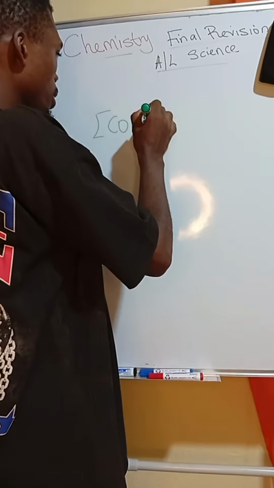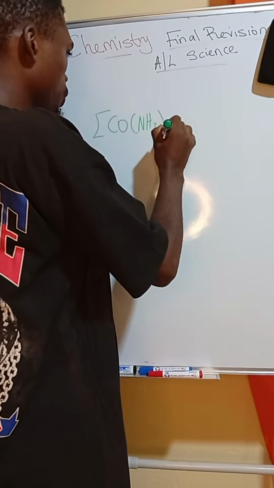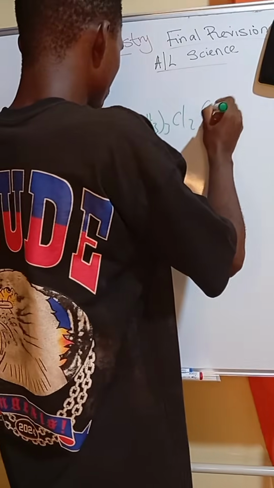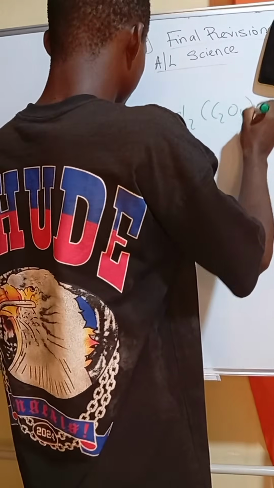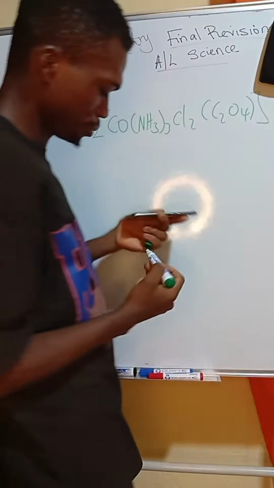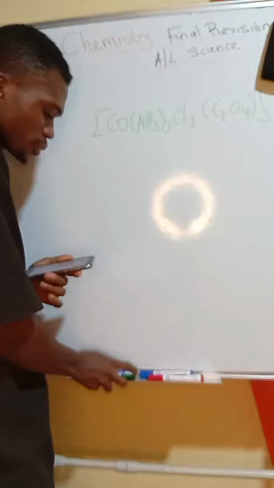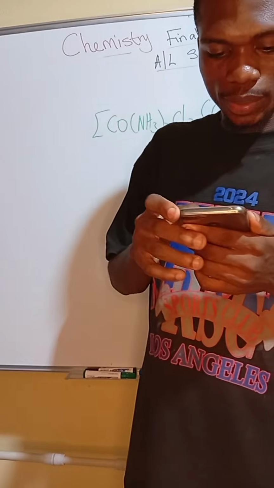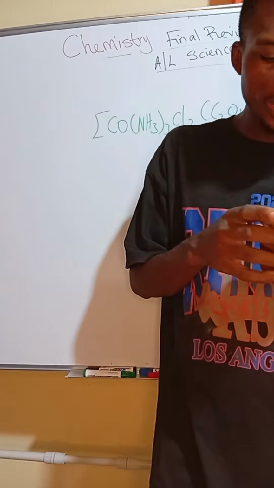Cl2, then we have C2O4. That's it. All right. So the question says, what is the coordination number of the metal atom?